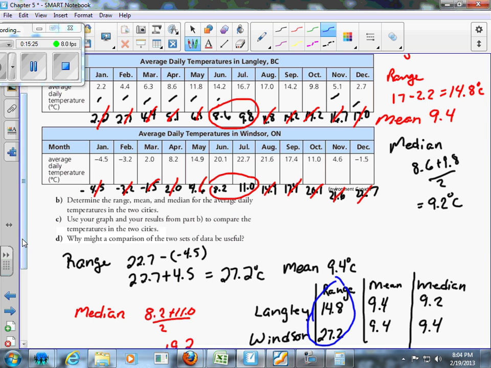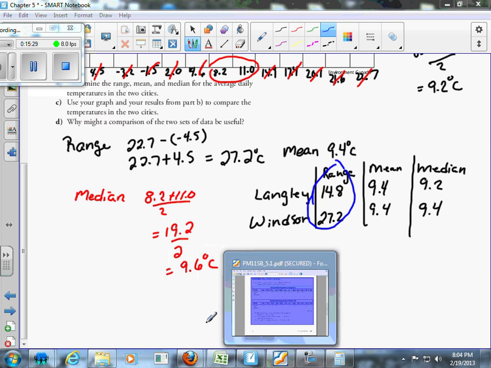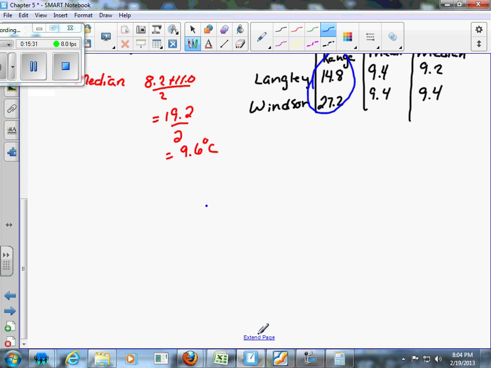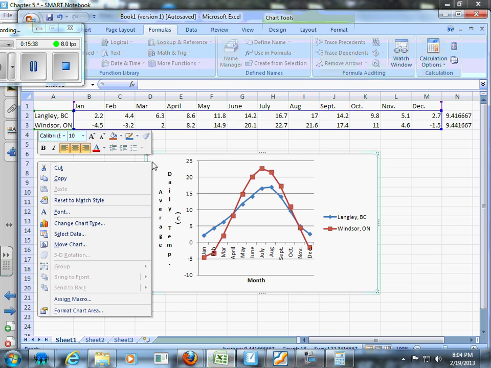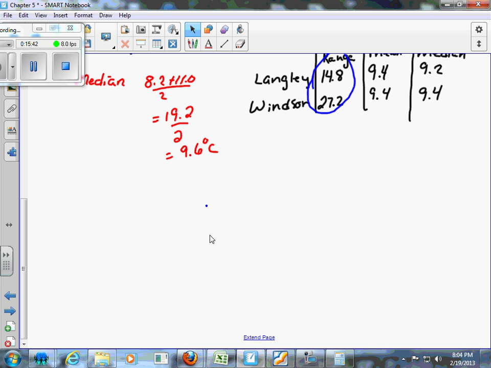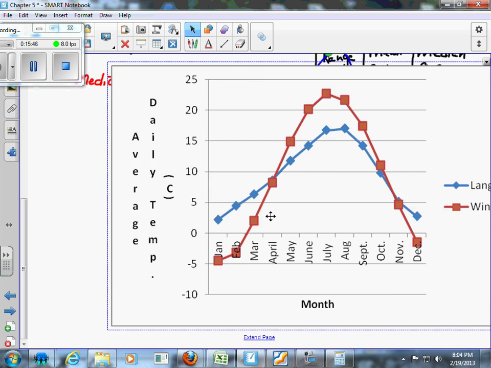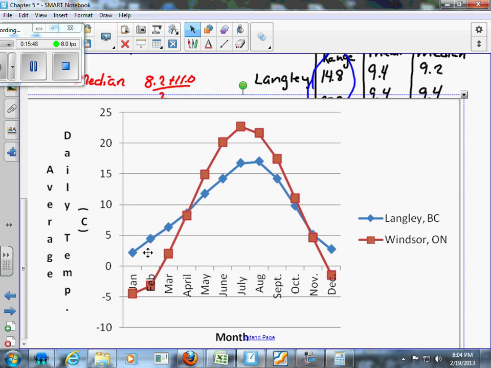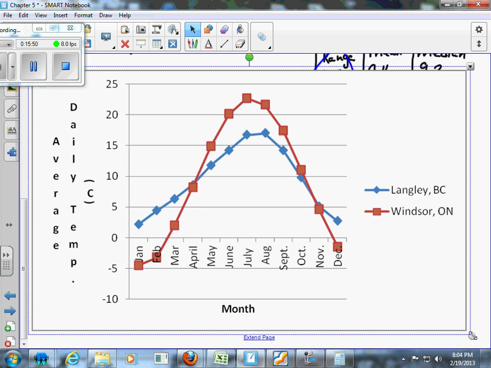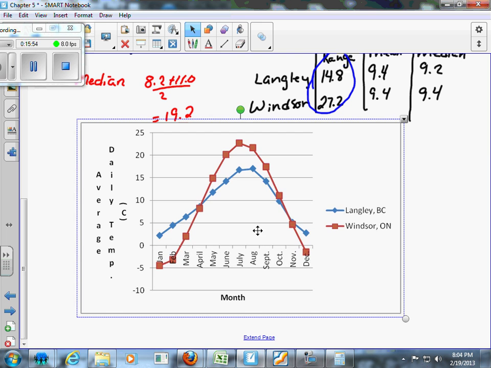Now to include our graph, because our graph can provide more detail for us. We will copy our graph. And if you're doing this at home, you can choose to use Microsoft Excel, or you can do it by hand, paper and pencil.